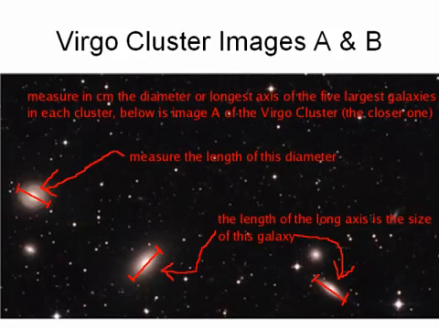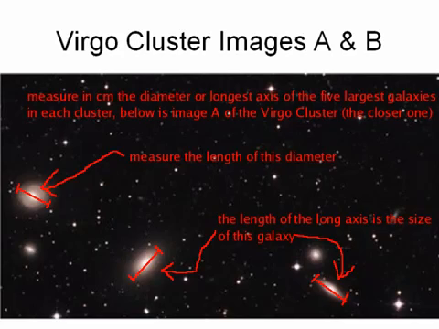The actual length will probably also depend on the size of your computer screen or the resolution that you've picked. But as long as you're consistent and measure all the galaxies on the same computer with the same resolution, then you can compare them.